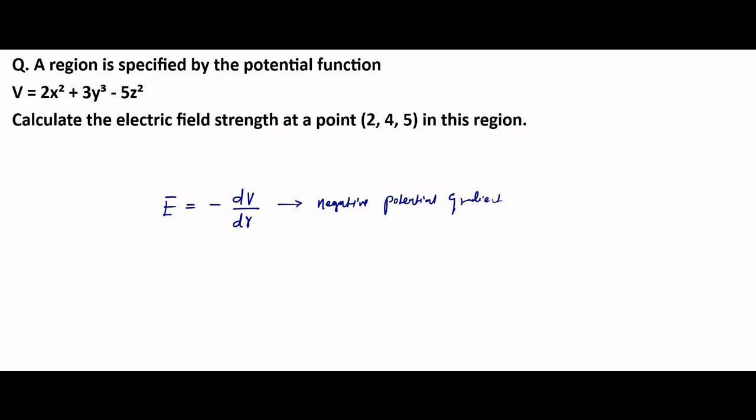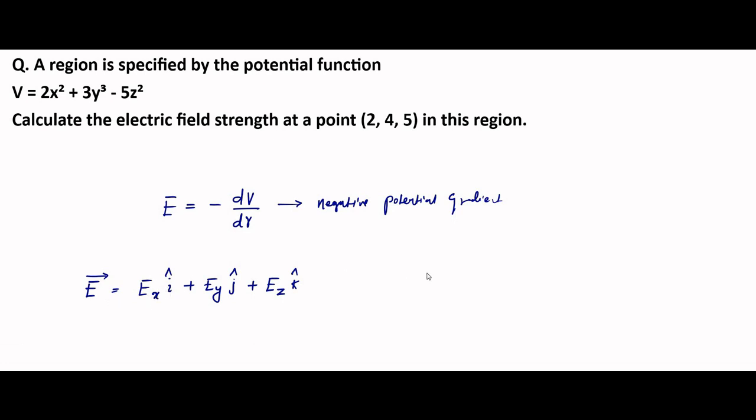So when we are talking about a potential function, the electric field is a vector, given by its respective x, y and z components, that is Ex i cap plus Ey j cap plus Ez k cap, where Ex, Ey and Ez are the x, y and z components of the electric field.